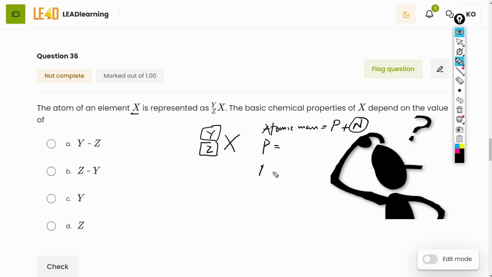Oxygen is oxygen because it has 8 protons. So the value that determines the chemical properties is the proton number, and the proton number is used to determine the number of electrons in that atom. So Z is our interest, and the correct option is D.